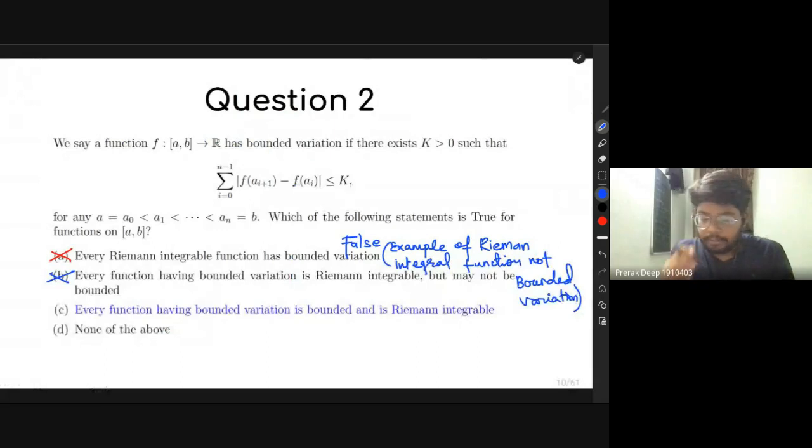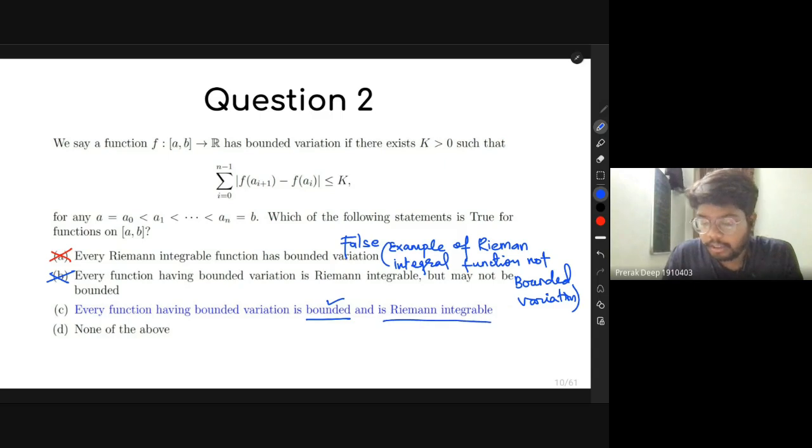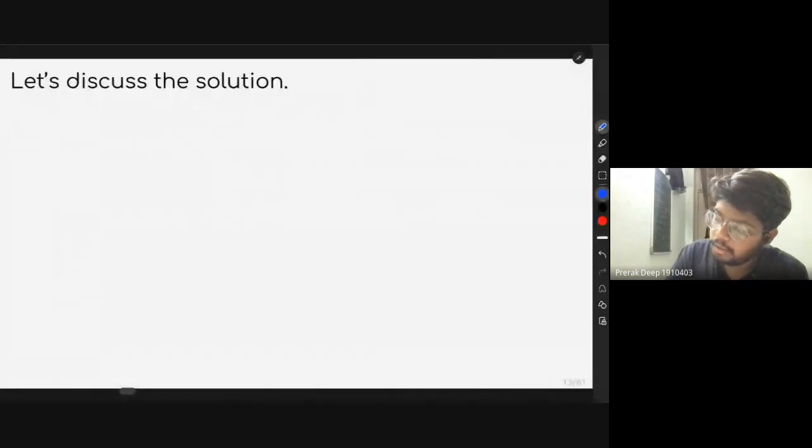Now we come to part C, which says that every function having bounded variation is bounded and is also Riemann integrable. We have proved the first part. We need to prove this second part: that a function of bounded variation is also Riemann integrable.